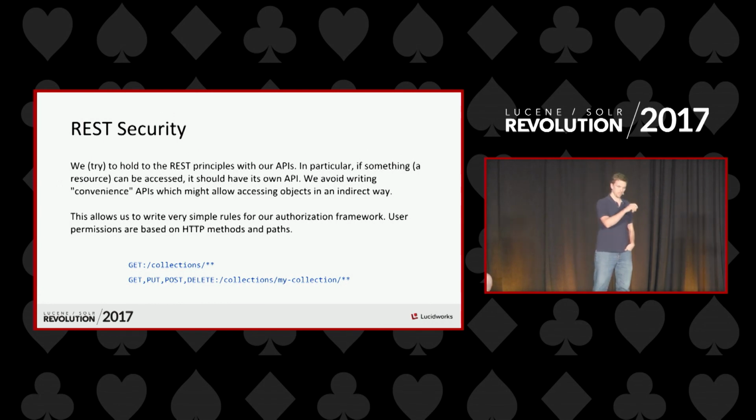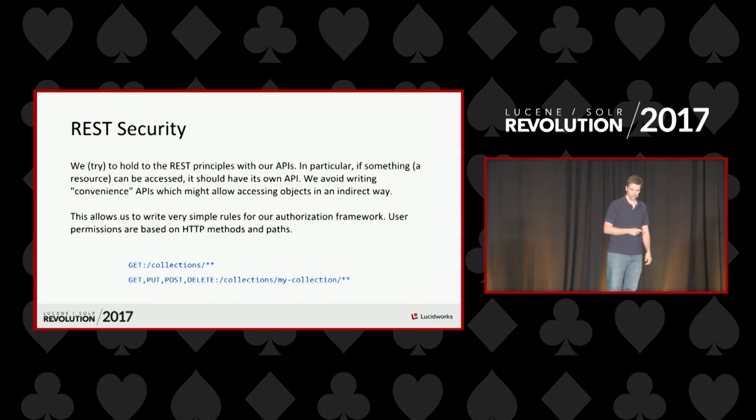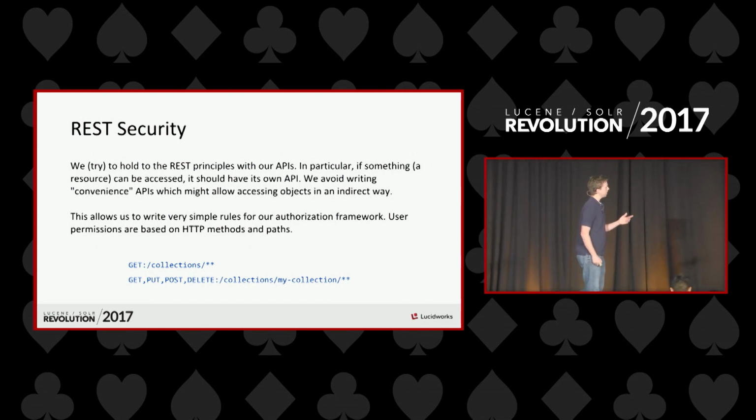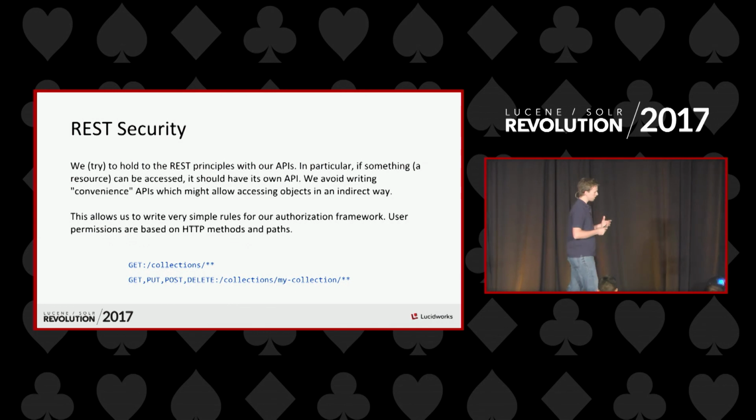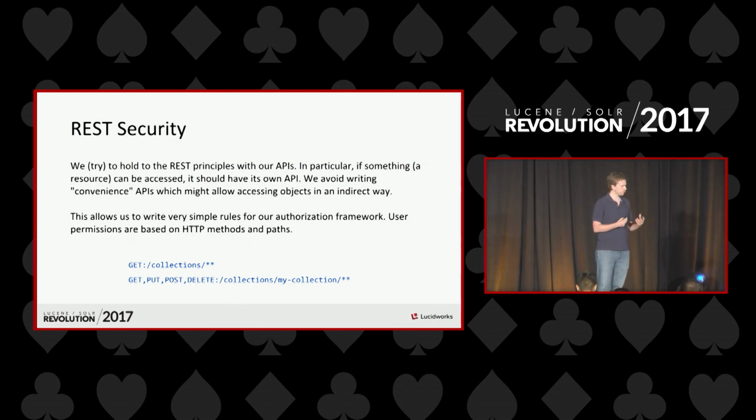Sort of touching back on the embracing standards thing, one thing we've done with our security model is we've basically said if something can be accessed through Fusion, if something can be done through Fusion, it has to be expressible through an API call.